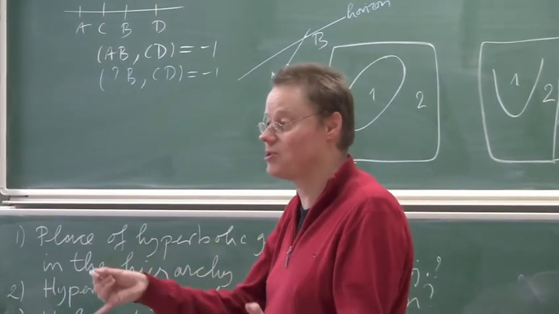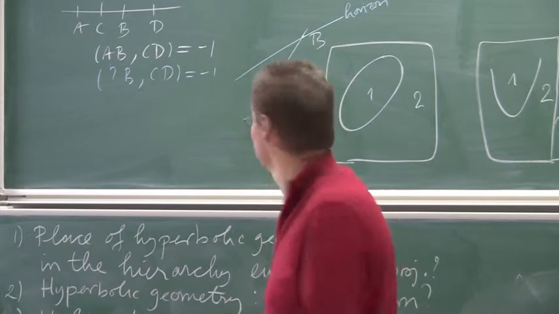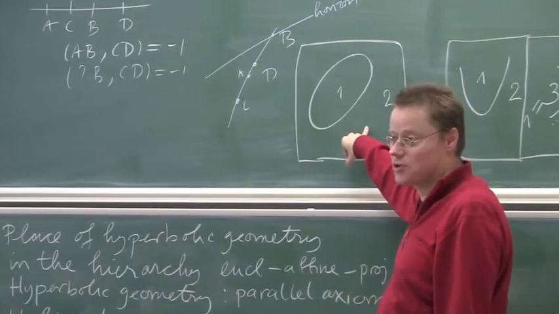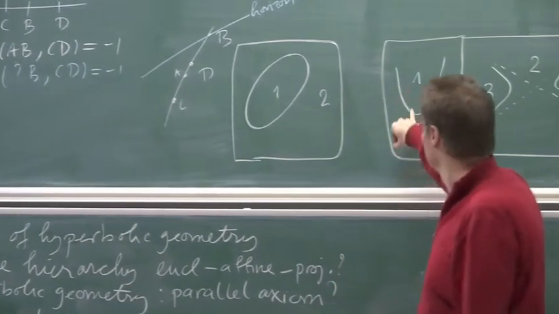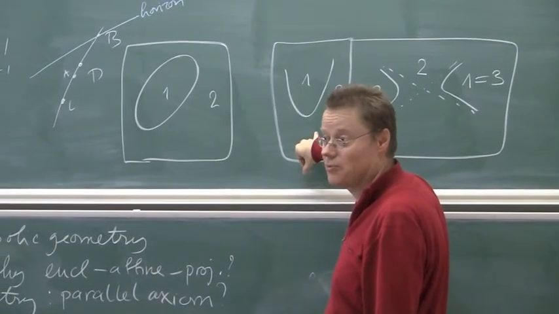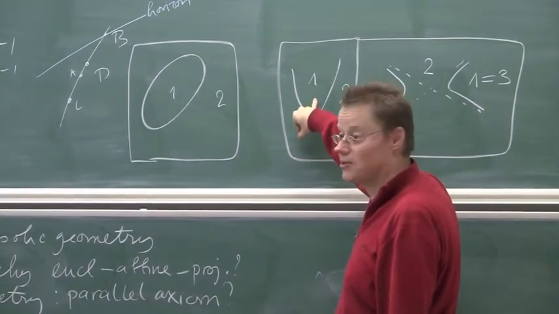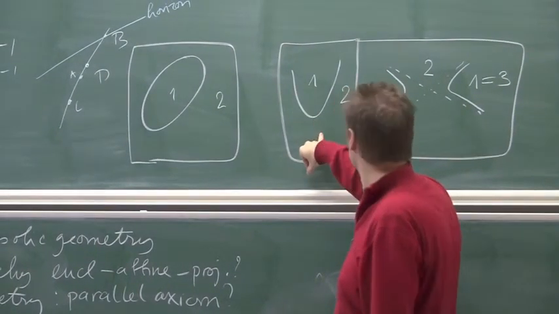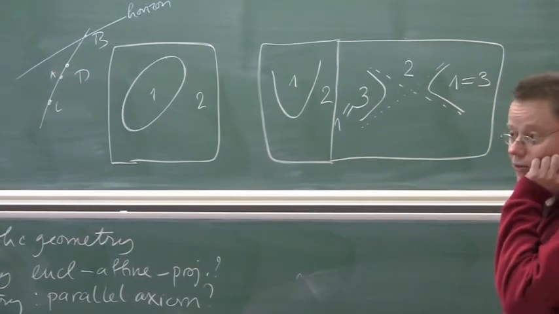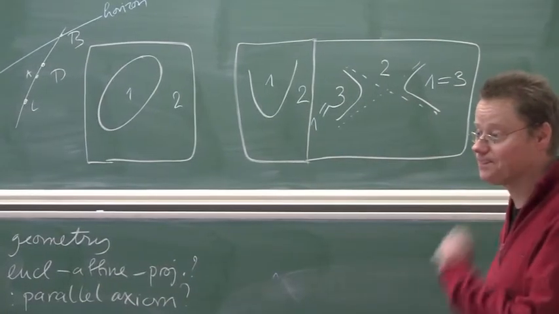One is a disk, the other is a Möbius strip. And by definition, the disk is the interior, the Möbius strip is the exterior. This is orientable, this is not orientable. The same here. That's one way of describing it.